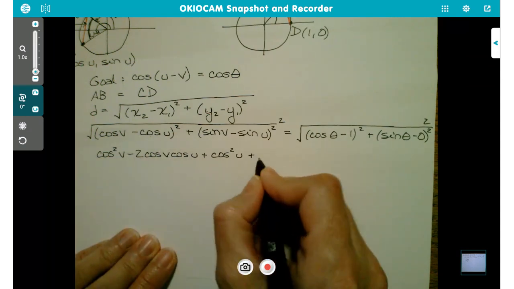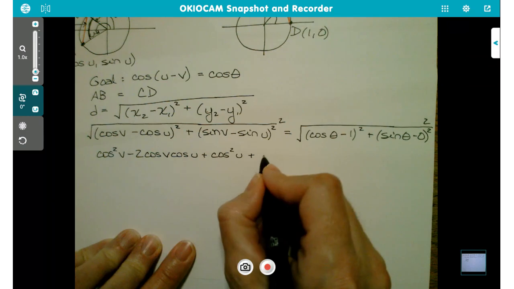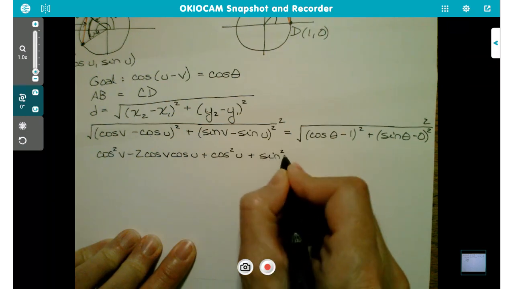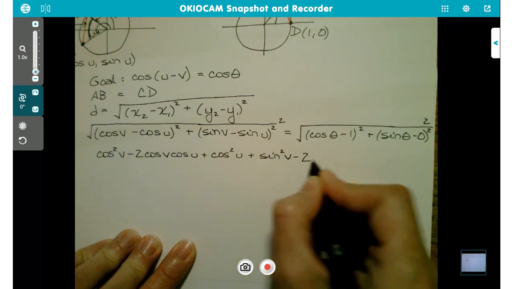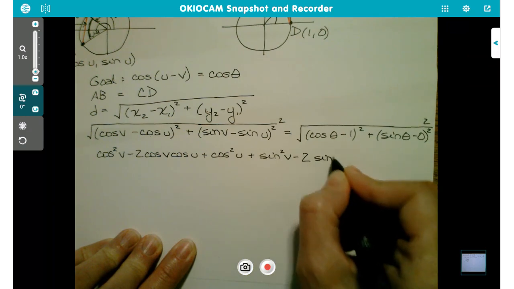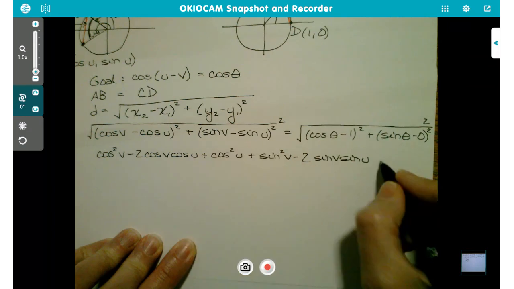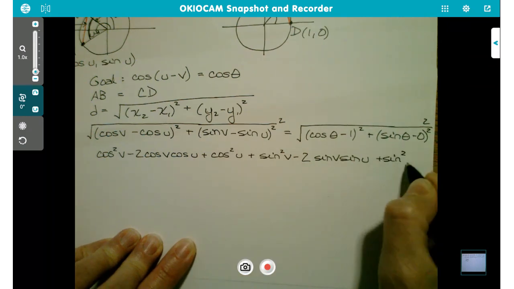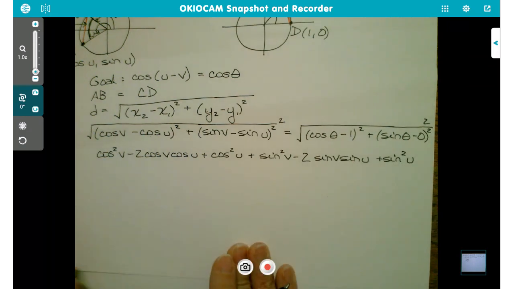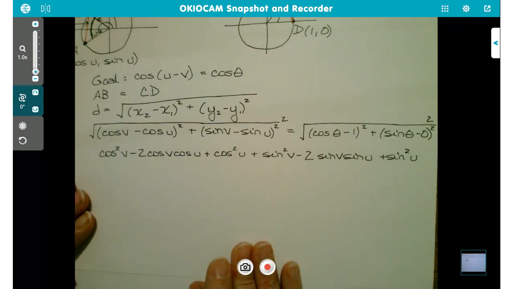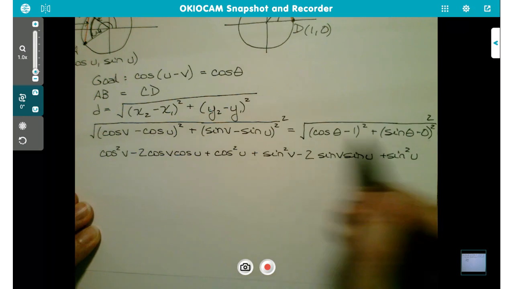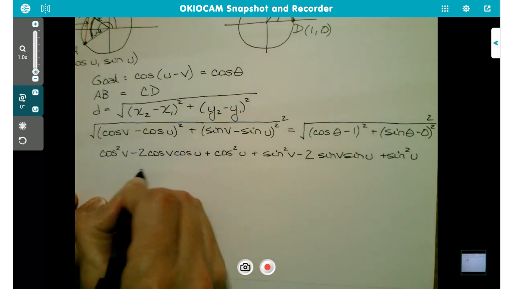Here goes the second part. First thing squared, so I got sine squared V minus 2 times sine V times sine U, and then the second thing squared, sine squared U. Trying to make sure I stay in the frame here. I'm going to do the same thing for the other distance.